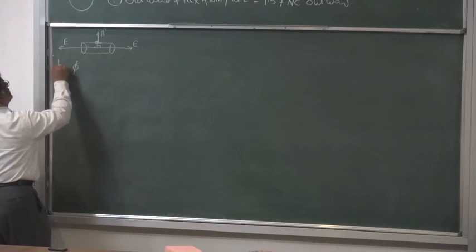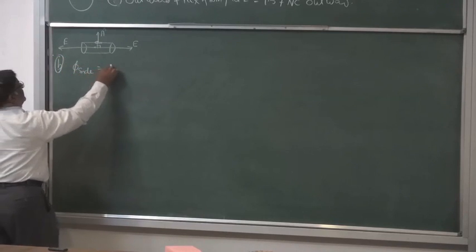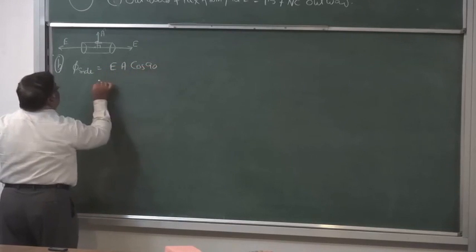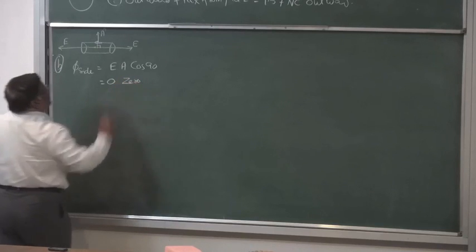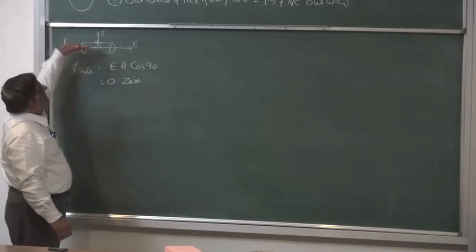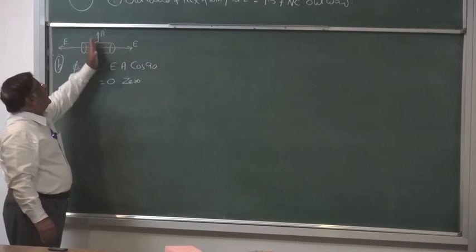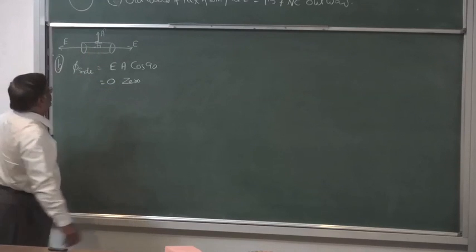So the flux from the side is equal to E into A into cos 90, and this is going to be 0. Remember, we have discussed earlier, when the electric field is along the surface, that is perpendicular to the area vector, then flux will be 0.